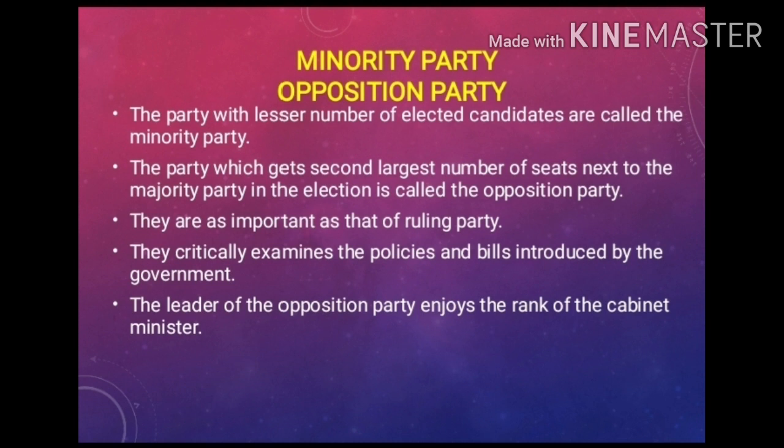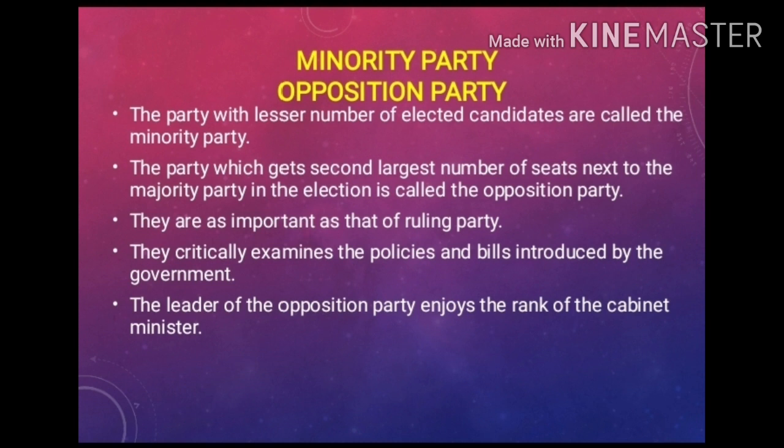They are as important as the ruling party. The opposition party is very important because they criticize the government and the policies and bills introduced by the government. For example, if the majority party is passing a bill, the opposition party will point out the drawbacks and disadvantages of the bill passed by the government.